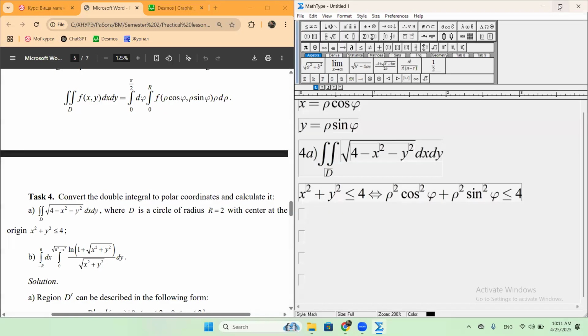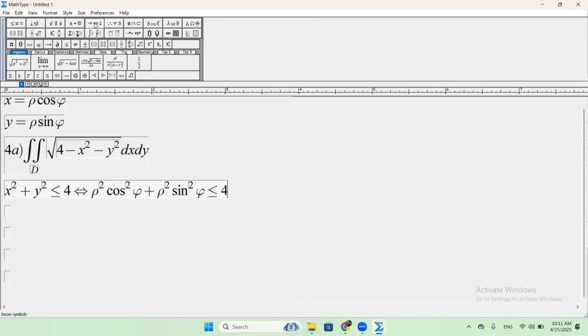So what does it mean? It means that rho square is less or equal than 4. And we actually can write down limits of integration.